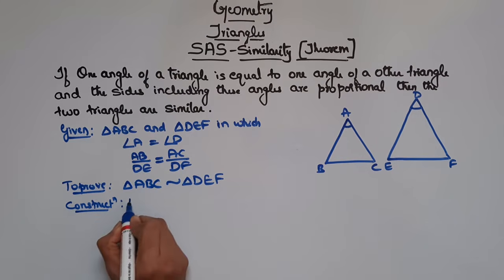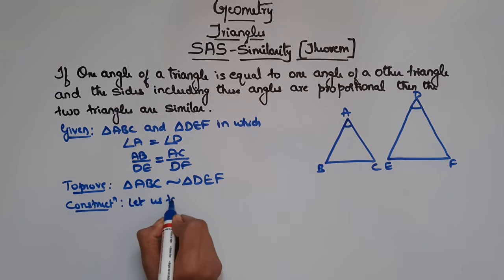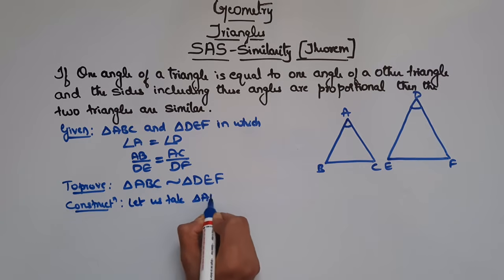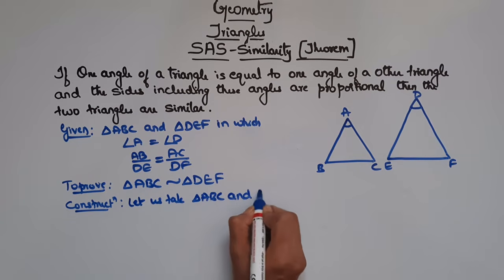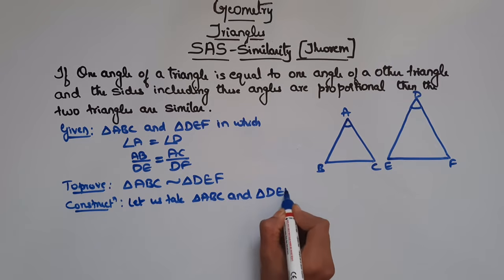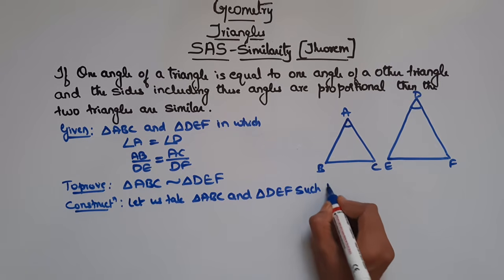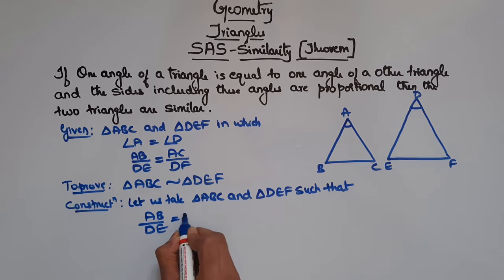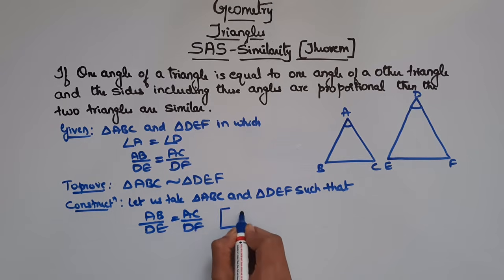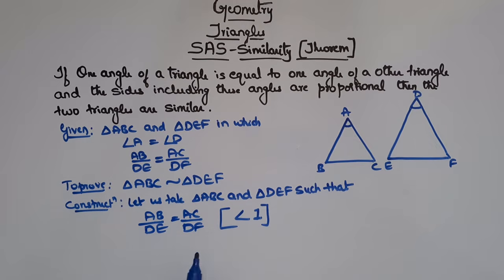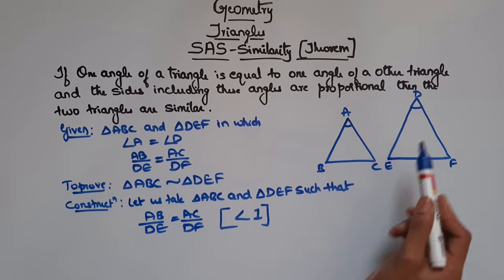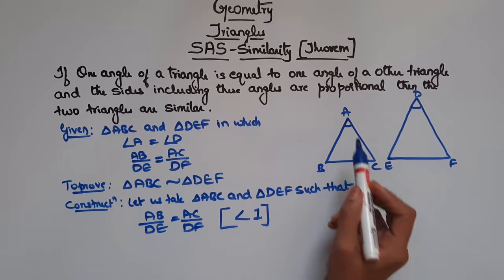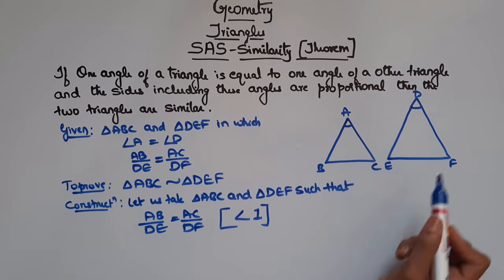Alright. So let us take triangle ABC and triangle DEF such that AB by DE is equal to AC by DF, which is less than 1. So now if you see triangle ABC and triangle DEF, here ABC is smaller than DEF, right?